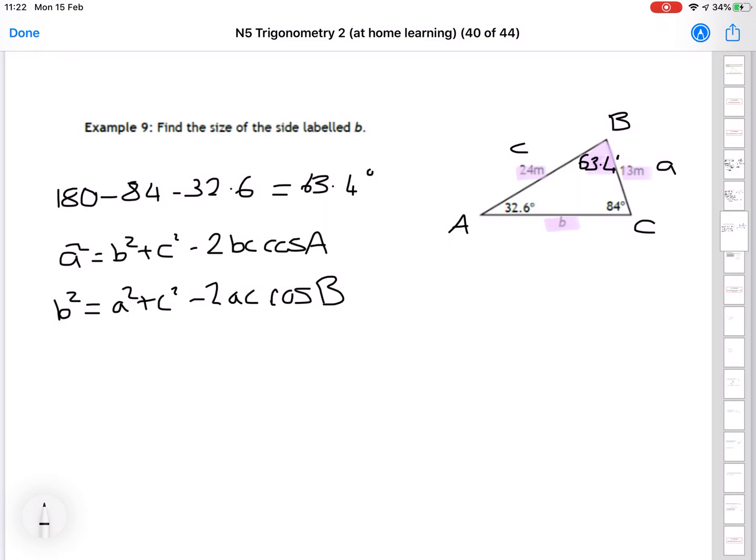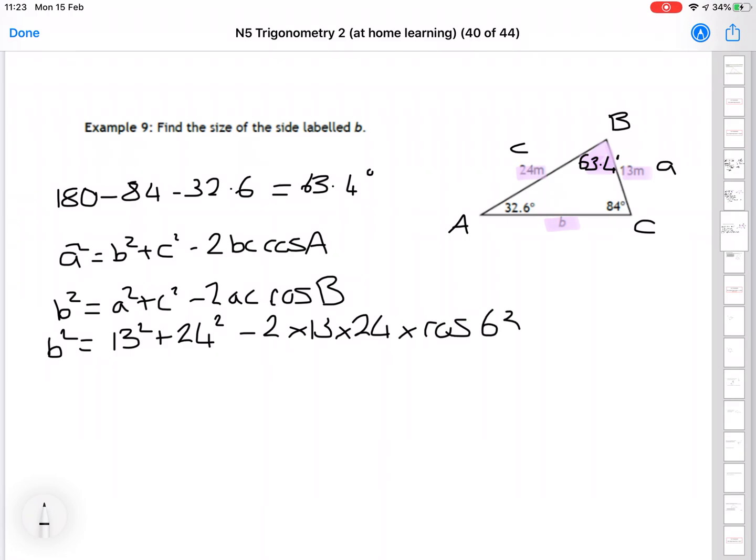So now that we have made that fit the question, we can go ahead and start filling it in. b squared equals, so small letter a is 13, so we've got 13 squared plus my small letter c is 24, so 24 squared minus 2 times 13 times 24 times cos of angle B, which we've worked out to be 63.4. Okay, so we're going to type that into the calculator.